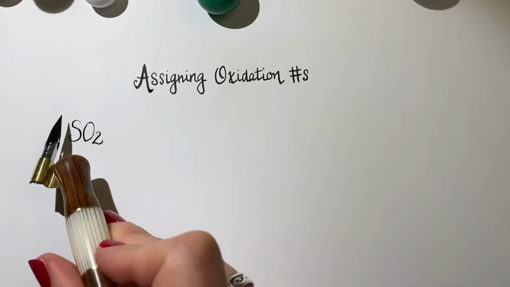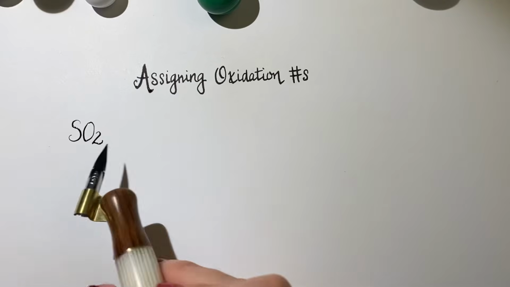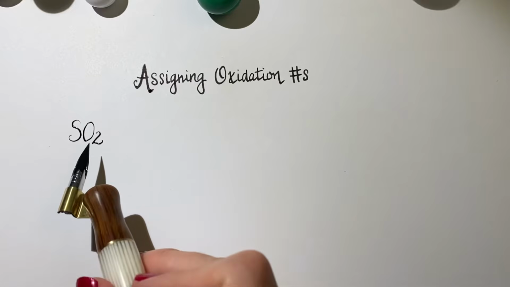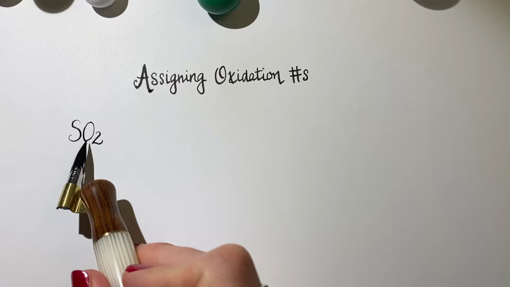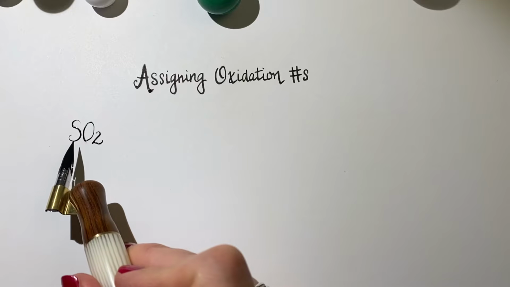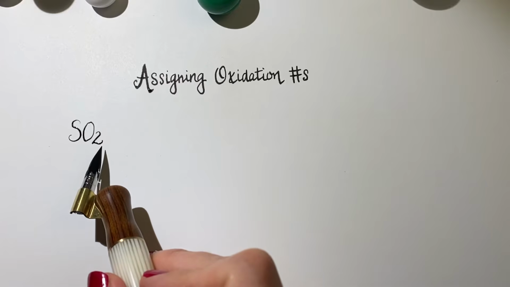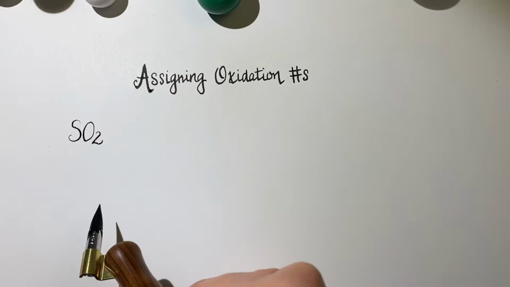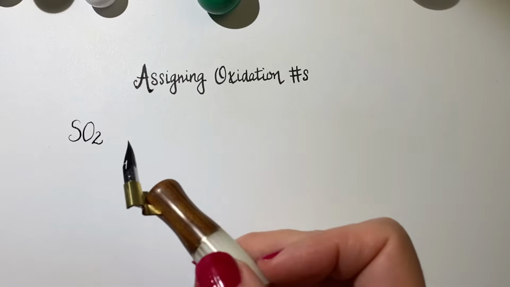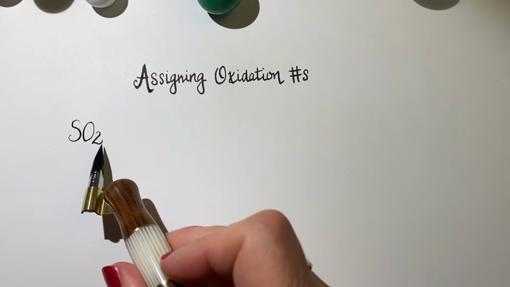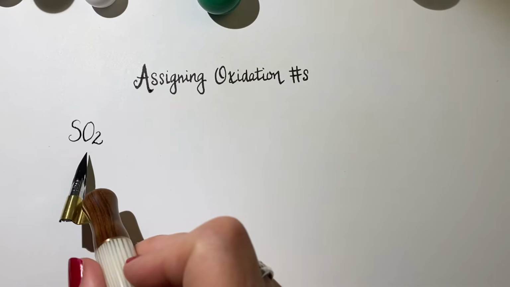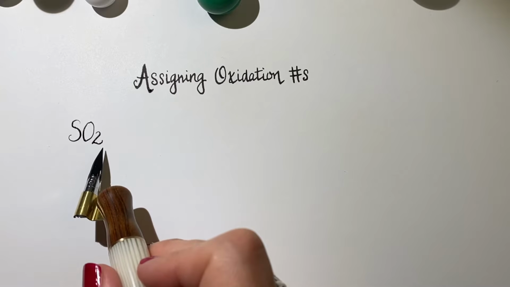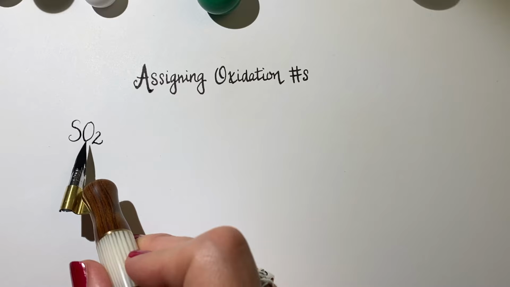So when we have a whole molecule that is neutral, we know that all the oxidation numbers of each element have to add up to equal 0 because the molecule is neutral. So if we keep that in mind here, then we can assign oxidation states starting with the one that we know, which is oxygen.